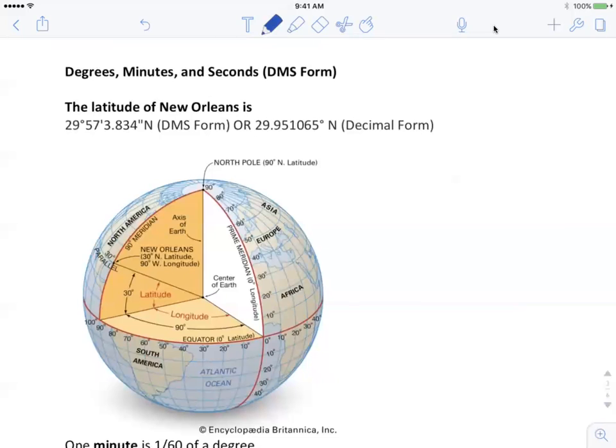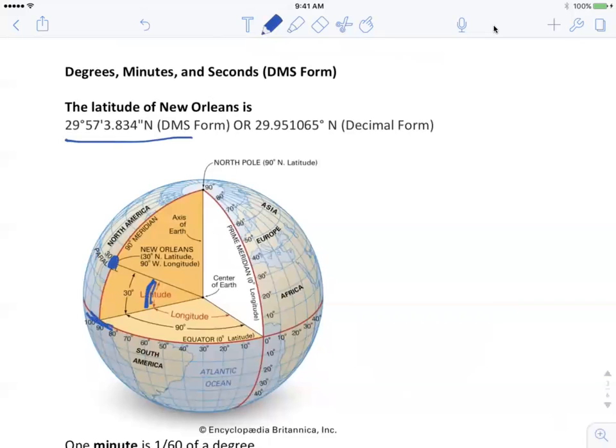The latitude of New Orleans is given in DMS form as that. It's 29 degrees, 57 minutes, and then 3.834 seconds north of the equator. Okay, so that's this angle right here, right? So here's New Orleans on the Earth. There's the equator, right?